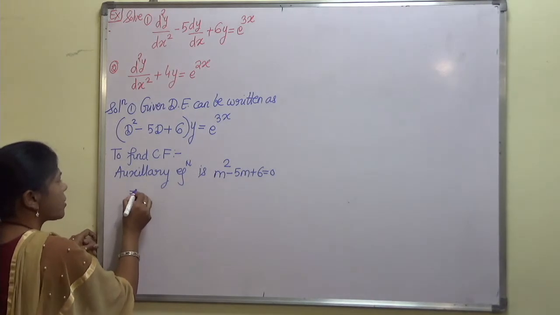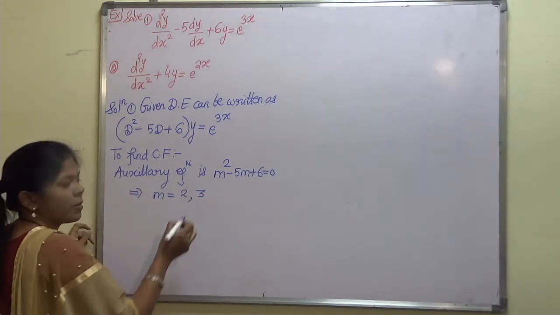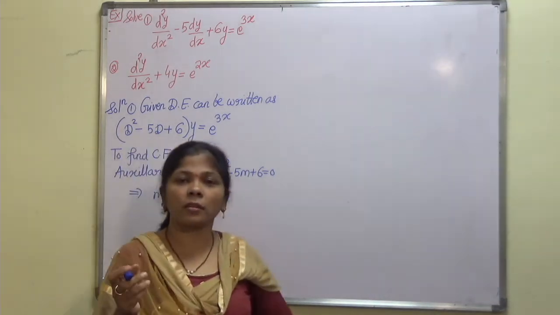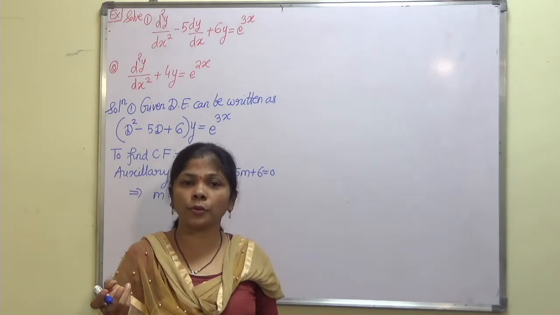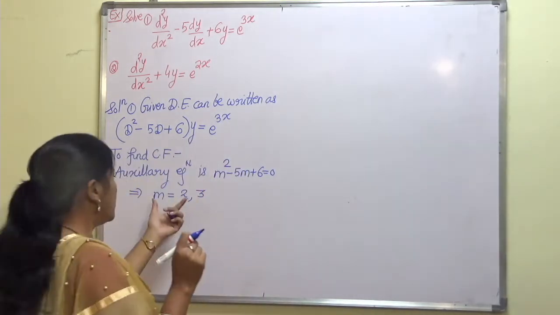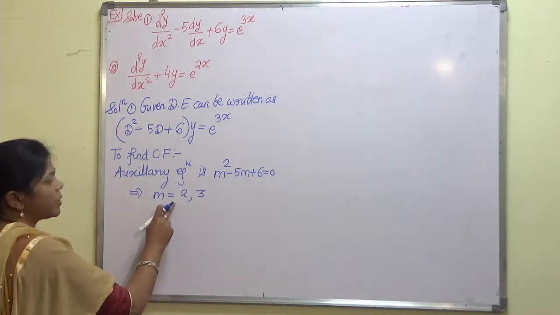Now solve this for various values of m. So what are the values of m? That will be 2 and 3. You can apply the factorization method or the various methods known to you, or you can even use the calculator to get the roots of the auxiliary equation. So roots are m equal to 2, 3.